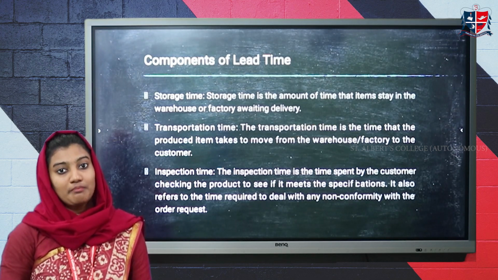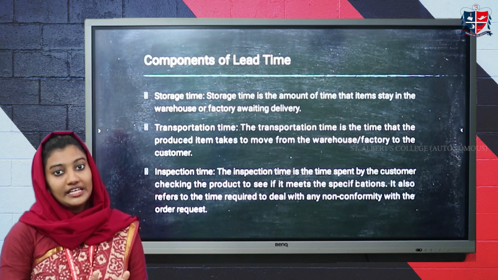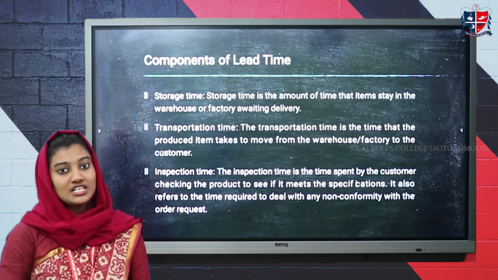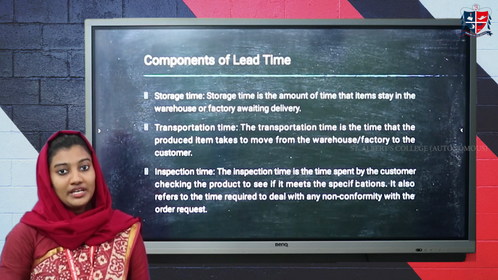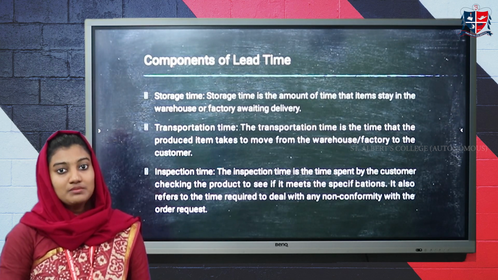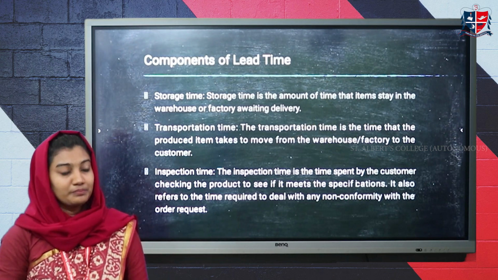After the product is made ready to be delivered to the customer, the time taken for transporting the particular product to the customer is known as transportation time. So, depending on the choice or the method of transportation, the time taken for the product to be delivered might vary.